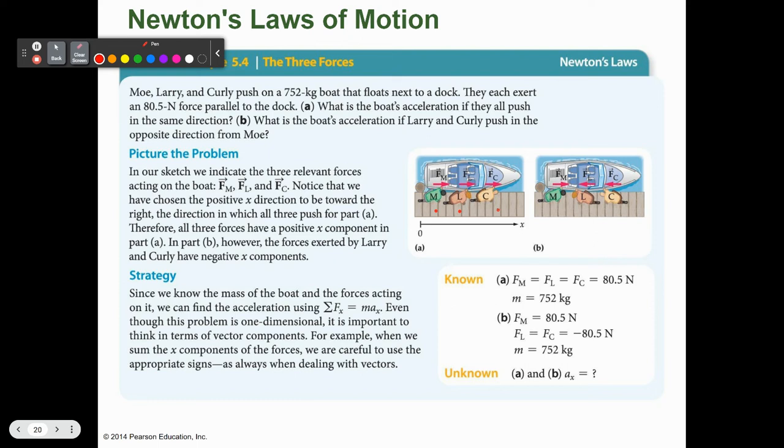To find the acceleration of the boat, we know the boat's mass, and we know Larry, Moe, and Curly each push with a force of 80.5 newtons. We can easily use that equation F equals ma to find the boat's acceleration. But we need to remember that that force has to be the net force, which is the sum of all the forces acting on it.